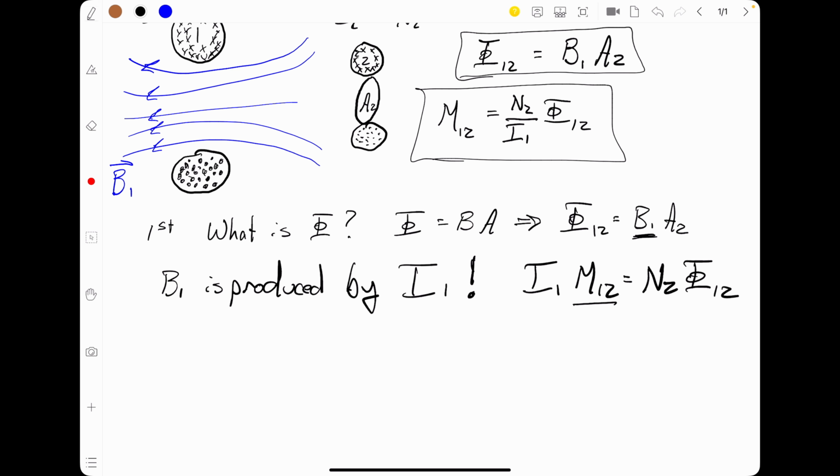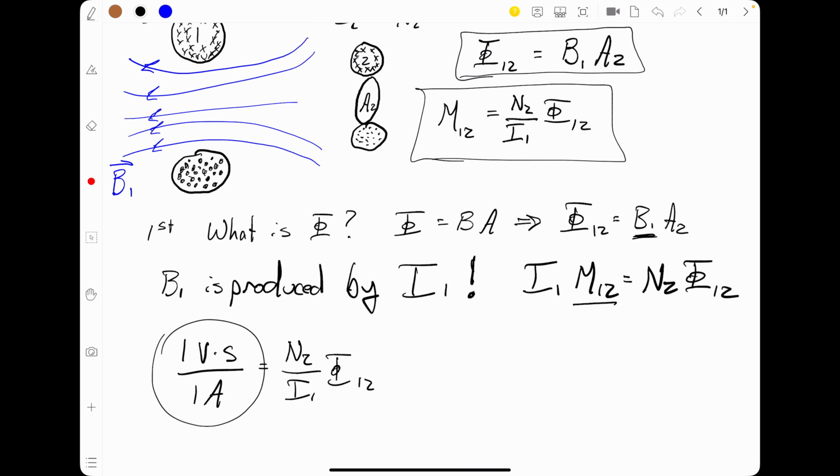That's going to give us 1 volt times a second over 1 amp. Okay, that's what we get on the N2 I1 phi 1, 2 side. Okay, these are our units. Okay, 1 volt second divided by an amp.